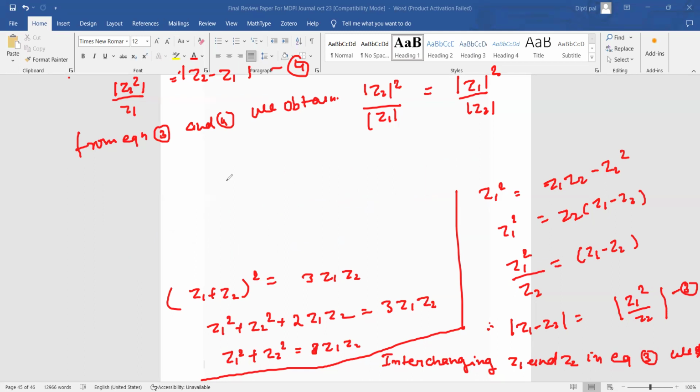So it will come Z1 whole cube equal Z2 whole cube, so the moduli are equal.